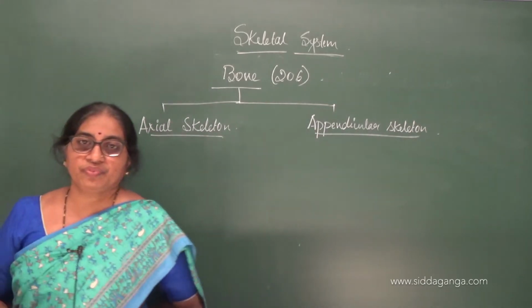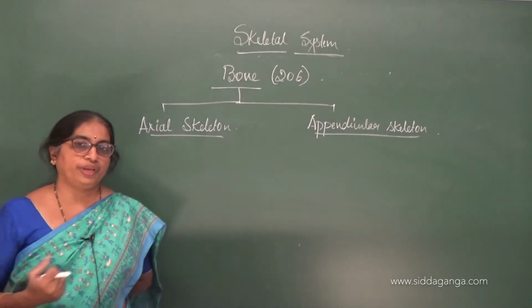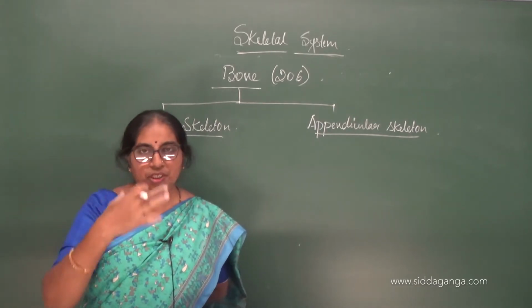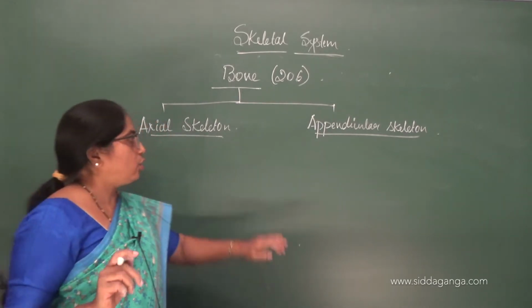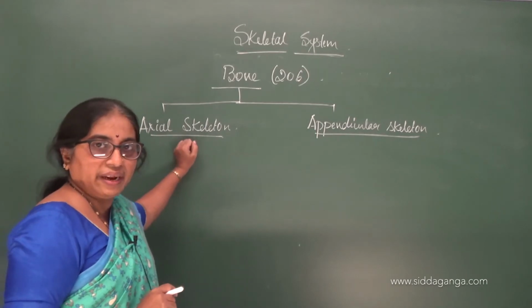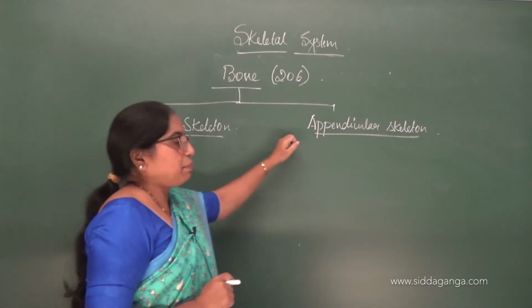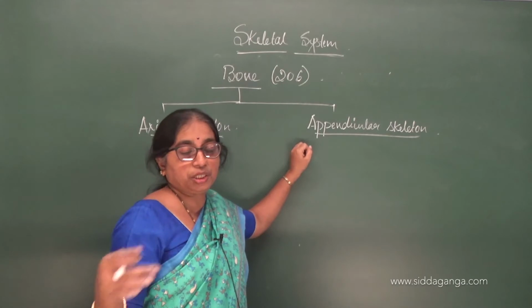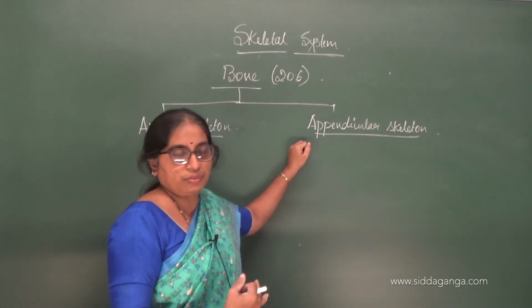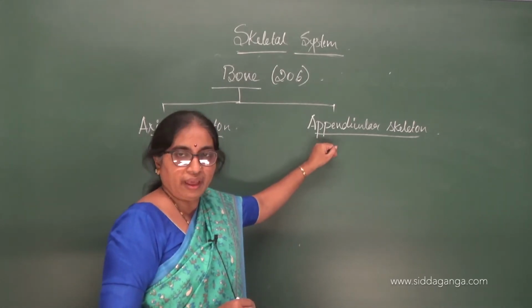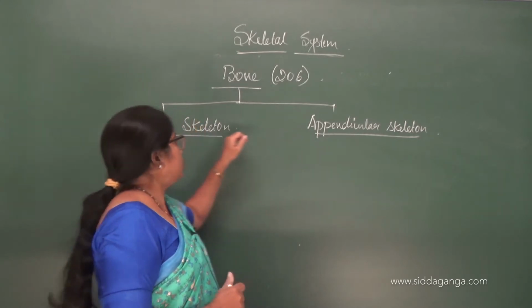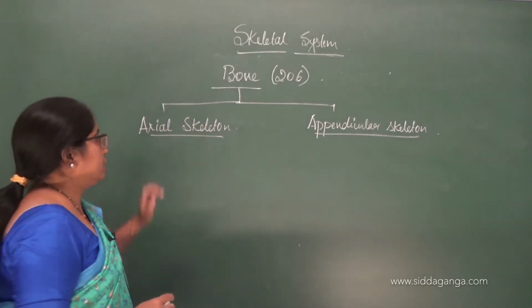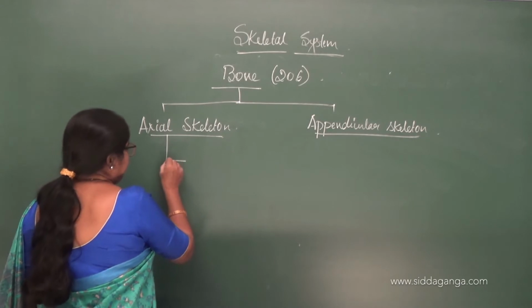The axial skeleton refers to the main axis of the body, that is the head and the trunk portion, including the abdomen. The appendicular skeleton comprises the appendages which are attached to the main axis of the body. The axial skeleton is identified under three important regions.